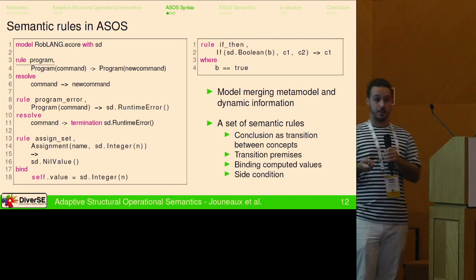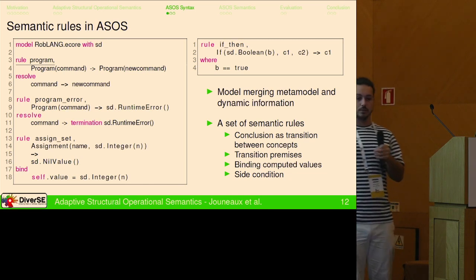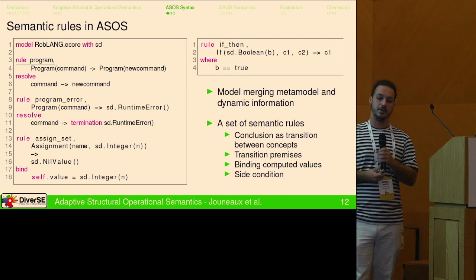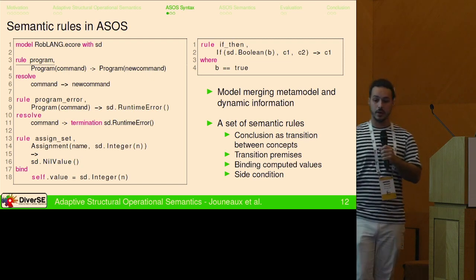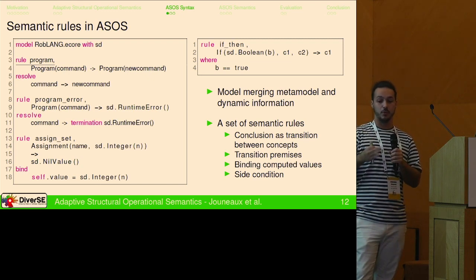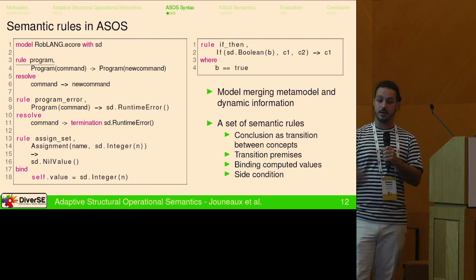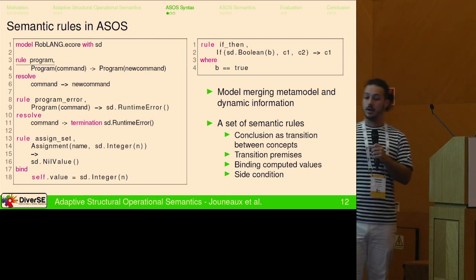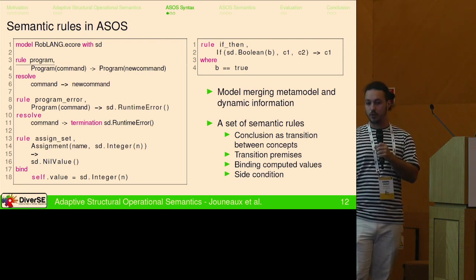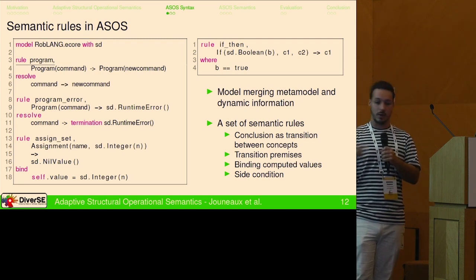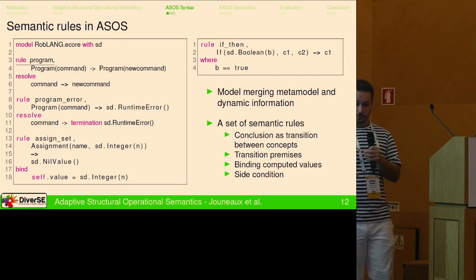So you have, for example, here the rule program, which is the root rule for our DSL, which defines a conclusion as a transition between terms. Here you have the term program with a subterm command, and this rule results in another program with a new command that has been partially evaluated, and that has made progress.